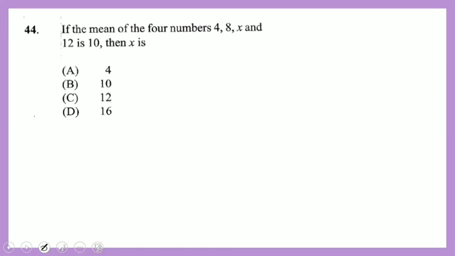If the mean of 4 numbers, and we're talking about the regular average here, is 10, and the 4 numbers are 4, 8, x, and 12, what is x going to be? How do we find the mean? You add up the numbers and divide by the amount of numbers.